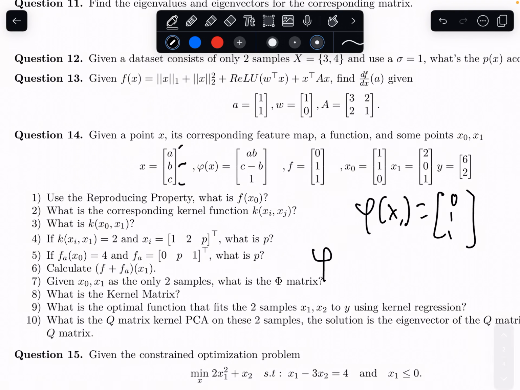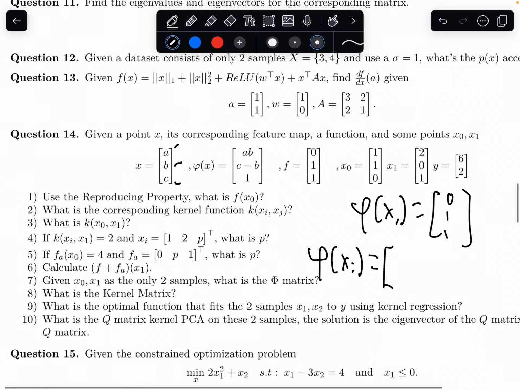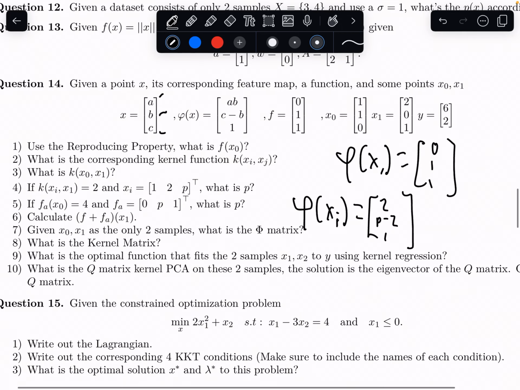So phi of xi is, we have ab, so that would be 2, we have c minus b, so p minus 2, and we have 1. So this is phi of xi. It is 2, p minus 2, and 1.